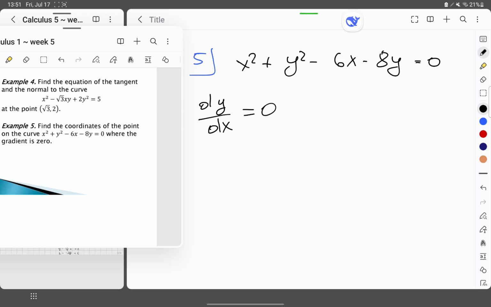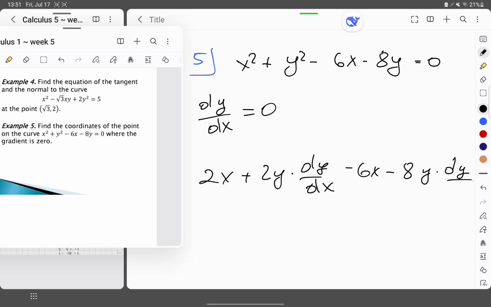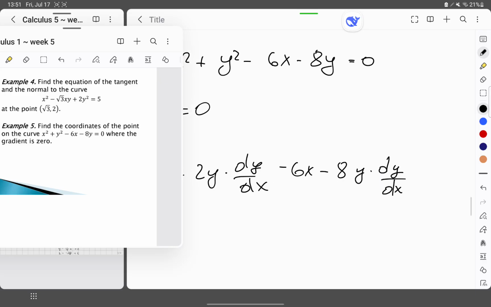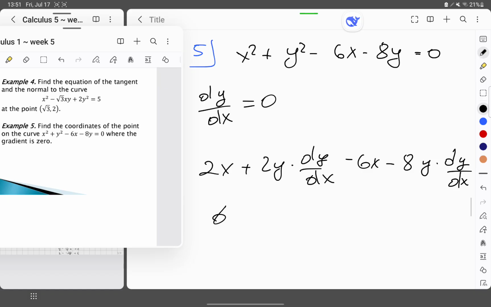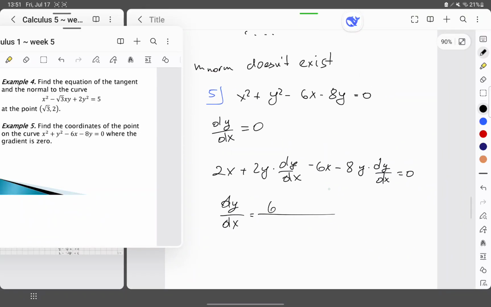So 2x plus 2y times dy over dx minus 6 minus 8y times dy over dx equals 0. So dy over dx will be what?